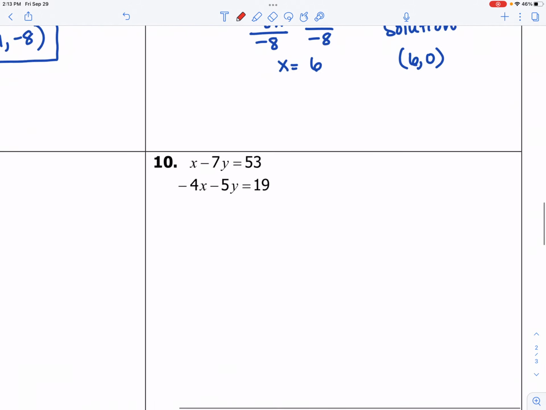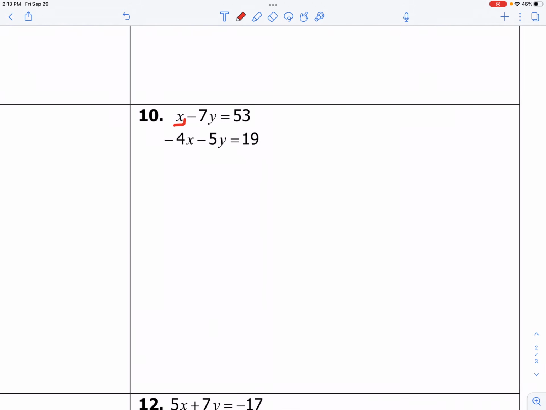So in this case, if I'm looking at number 10, the easiest one will be this x right here. Because I'm just going to move that negative 7y over as a positive 7y. So x is equal to 7y plus 53.